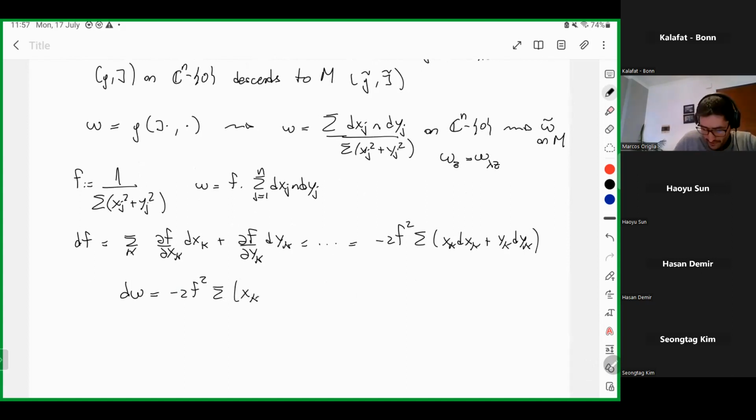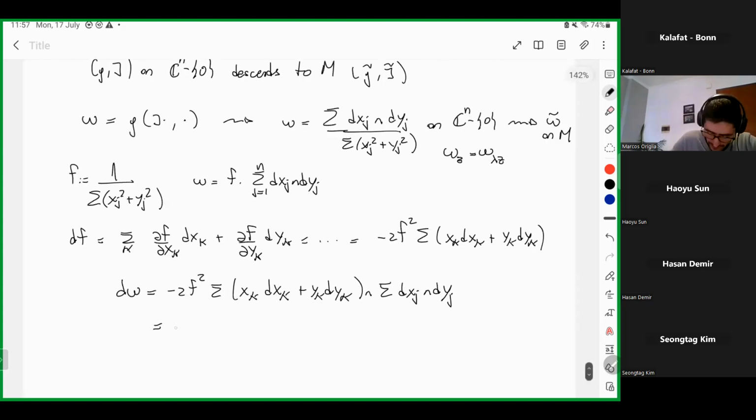So I'm just doing the computation of d omega, which is the sum of dx_j wedge dy_j. But if we split f squared and we put one f on this side and one f on the other, this is minus 2f, and here is the sum of the things.